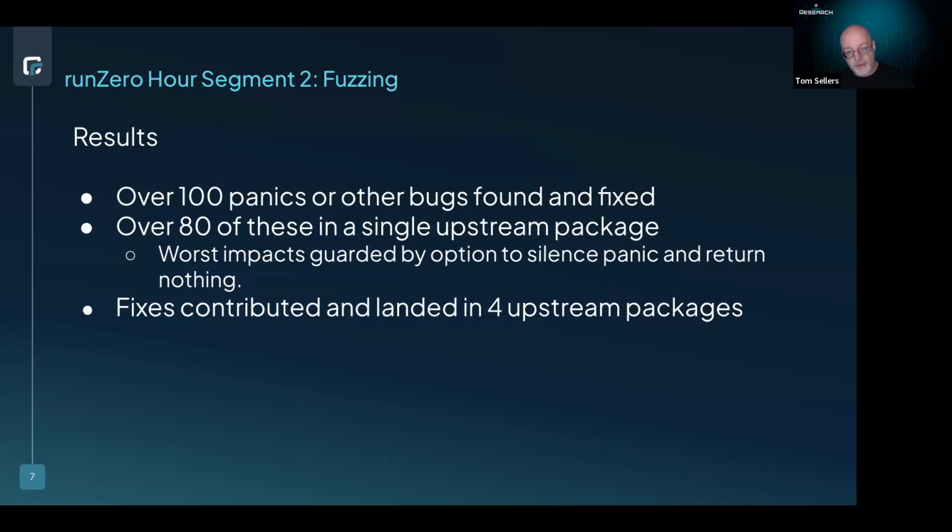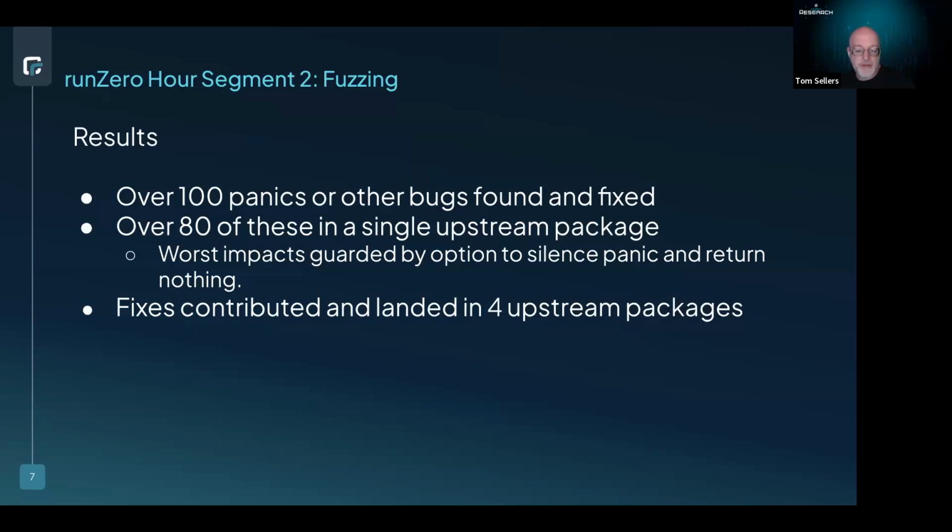They range through a variety of failure modes, and I'm going to get into those in just a second to talk about the different ways things fail and root causes. But it was quite a gamut of issues. In one particular case, we had one upstream package in which we found 80 of these.